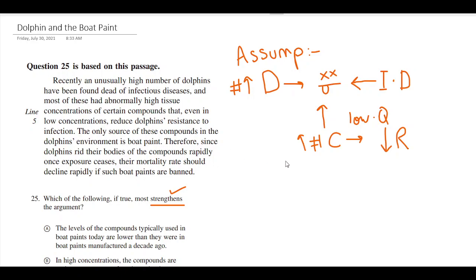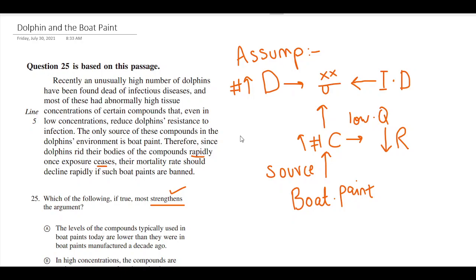So if I'm talking about the source of these chemicals, it is some type of boat paint. And then it says, therefore, since dolphins rid their bodies of these compounds rapidly once exposure ceases, their mortality rate should decline rapidly if such boat paints are banned.